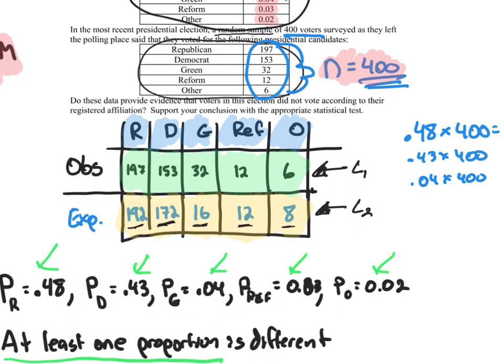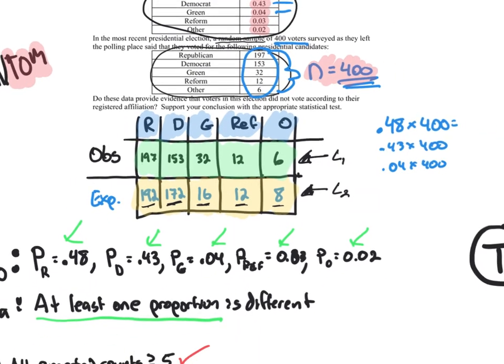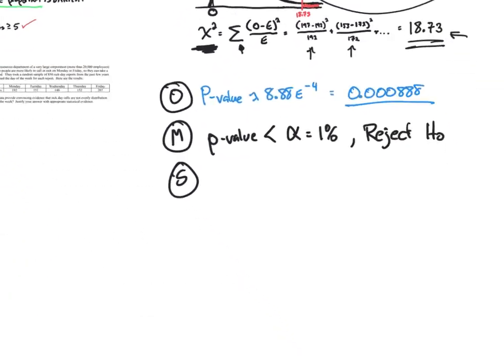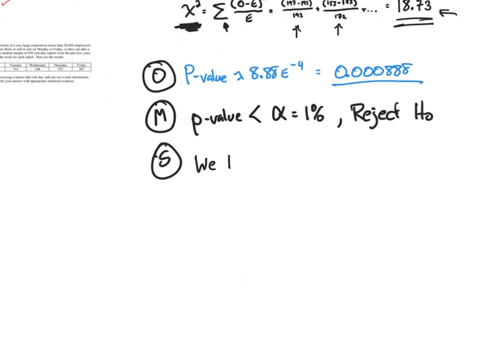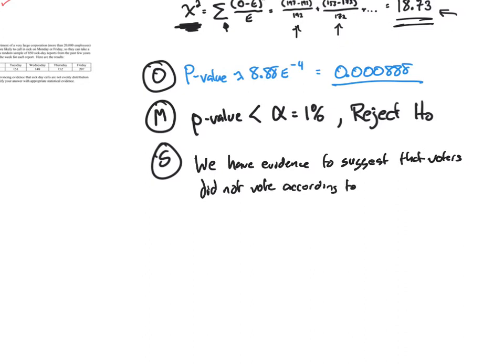So then does the data provide evidence that voters in the election did not vote according to their registered affiliation? We would say we have evidence to suggest that voters did not vote according to their affiliation.